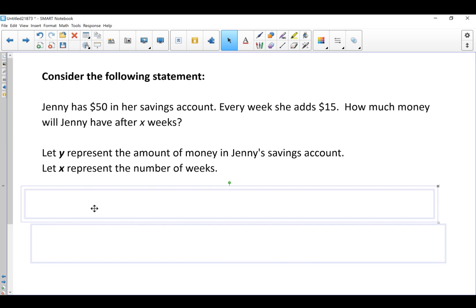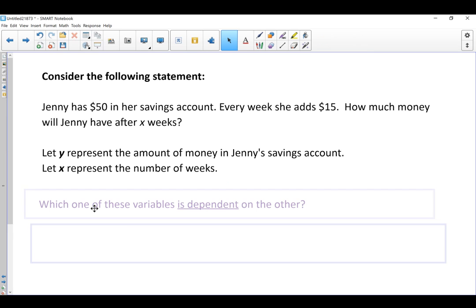So if we consider that, which one of these variables depends on the other? Does the amount of money in Jenny's savings account depend on the number of weeks she's been saving? Or does the number of weeks depend on how much money is in her account? You can see that only one of those ways makes sense.